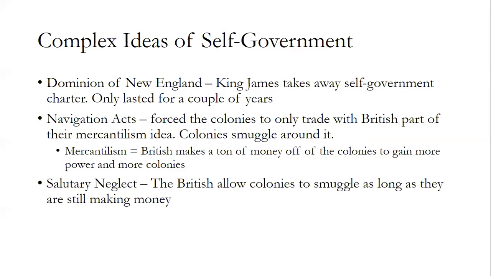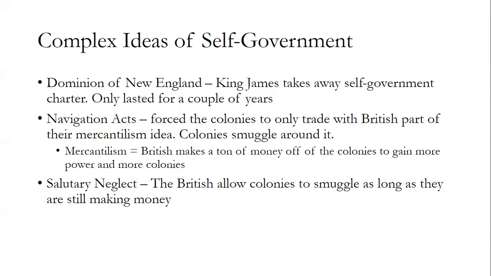The most complex things that you need to understand is the relationship between the Navigation Acts, mercantilism, and salutary neglect. If you can understand these concepts, I think that you're going to understand the hardest questions on the test. So the Navigation Acts forced the colonies to only trade with the British.